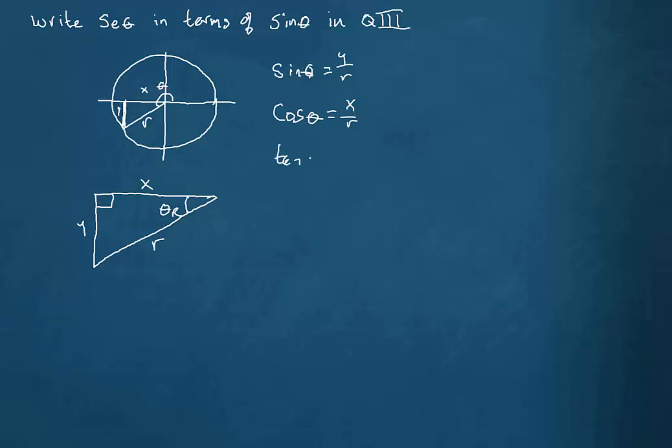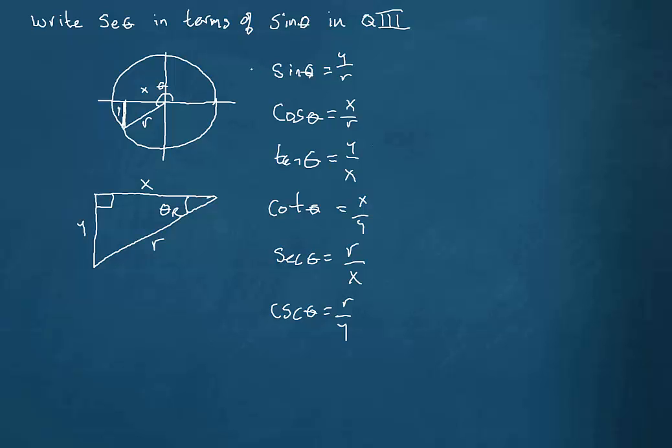The tangent of theta would be y over x. Cotangent of theta would be x over y. Secant of theta would be r over x. And cosecant of theta would be r over y.